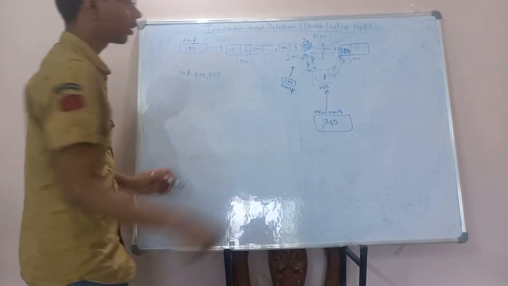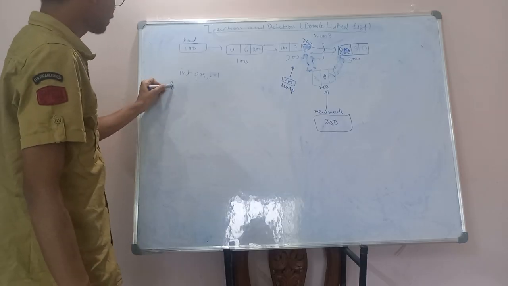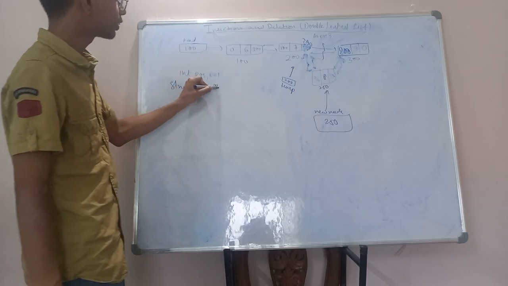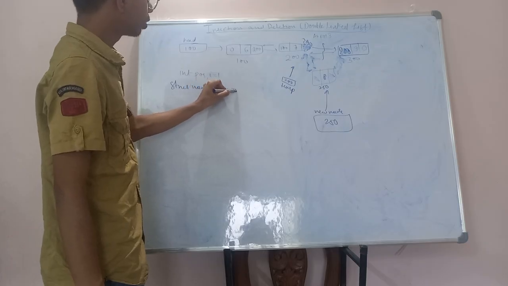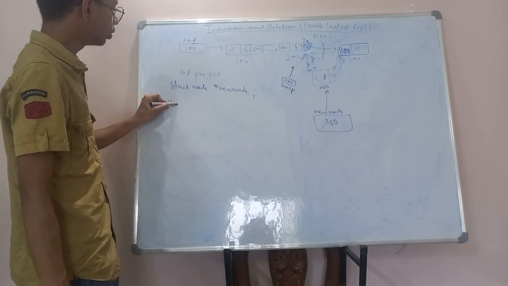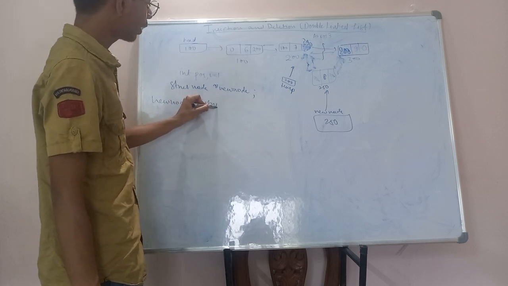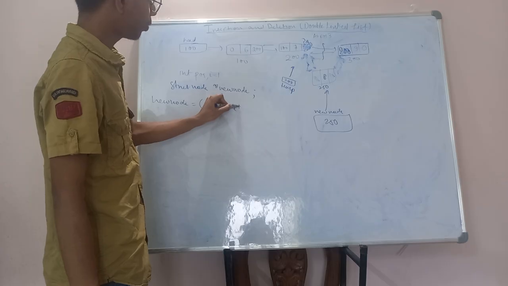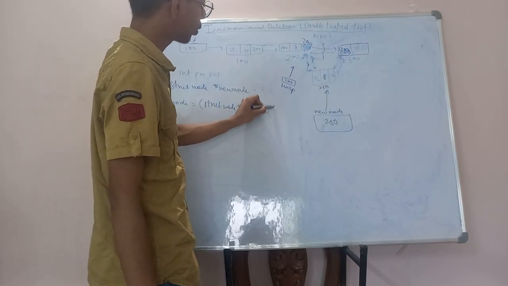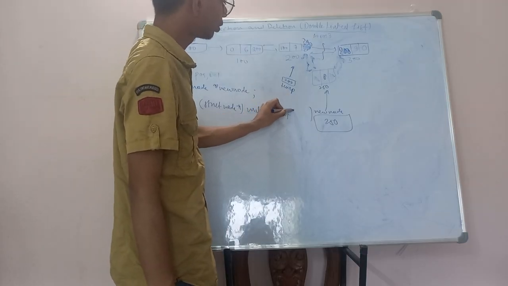Now I will take a pointer, struct node star, new node, and I will store my newly created node in this. The malloc function returns a pointer, which is the address of that node, and for the size here I will create one node.